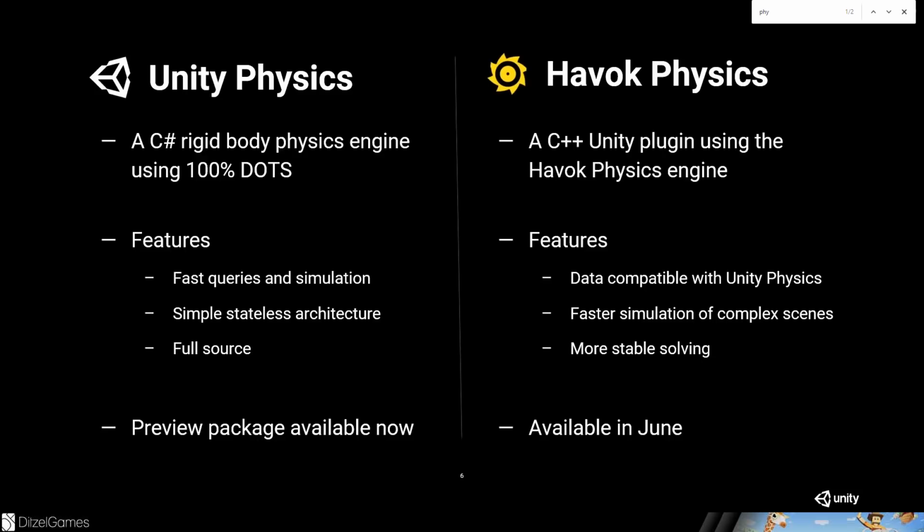So there is Unity Physics. It's a little bit updated for the data-oriented tech stack, and the features are quite nice. But if you have a look at Havok Physics, which will be integrated into the Unity engine, you see it's a C++ plugin, and the feature is it has more stable solving, and I guess it's more deterministic, and you need this deterministic behavior to really have physics synced over the network for a multiplayer experience.